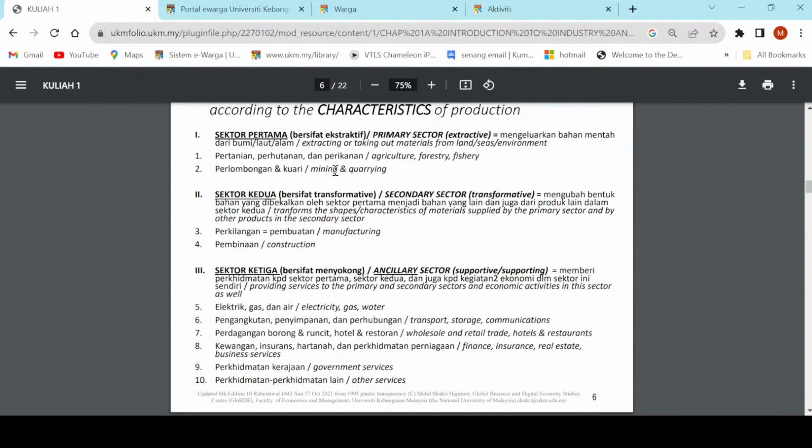Construction is also secondary sector, because it changes, transforms. What is transform? Changes the shape or the condition or the characteristics of the materials into another shape, into another type. Either the shape, or the nature of the materials has been changed.